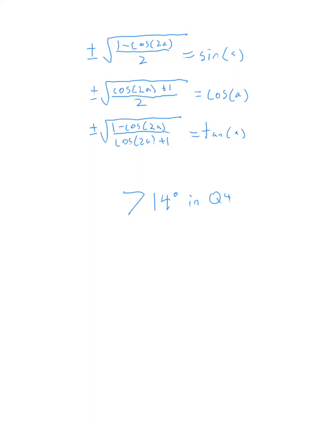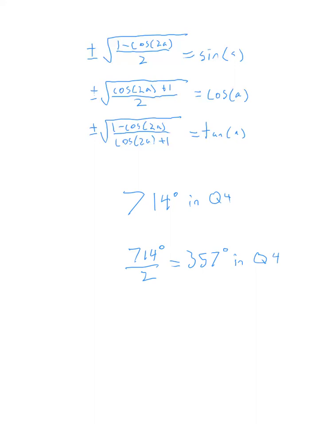But if we go to our calculator and type in 714 divided by 2, we see that half of this angle is actually 357 degrees. And is that in quadrant 2? No. This is still in quadrant 4.